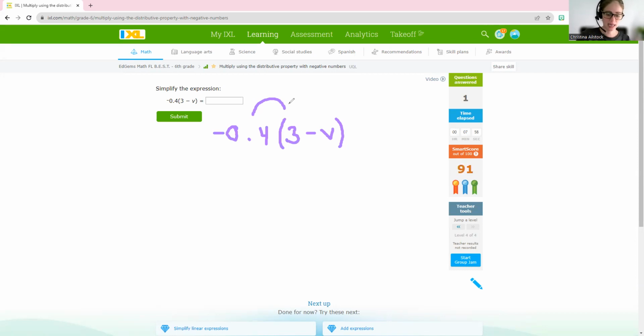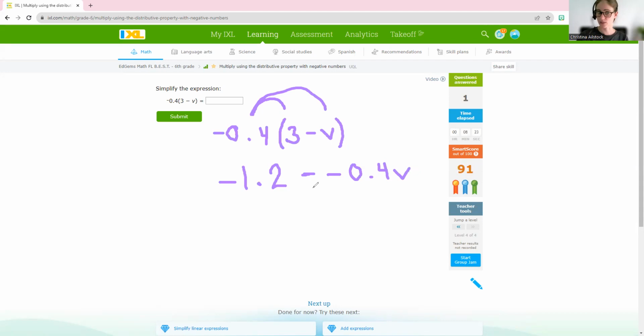So if we have negative 0 and 4/10 times 3, we have negative and 1 and 2/10. Bring down your minus sign. Now we have negative 0 and 4/10 times v, so that would be negative 0 and 4/10 v.